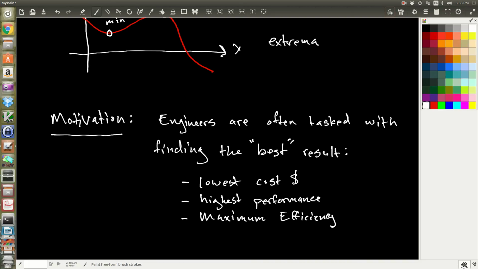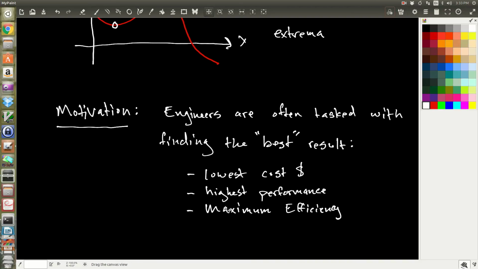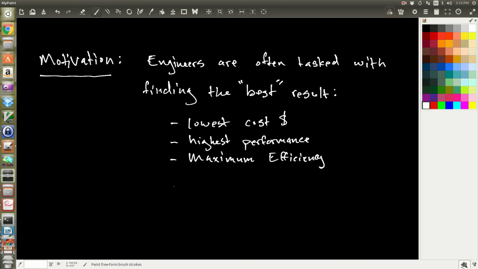Maybe for a specific system that we're designing, we want to find a minimum operating temperature. Just trying to give some examples here of why we want to find maxes and mins in engineering.